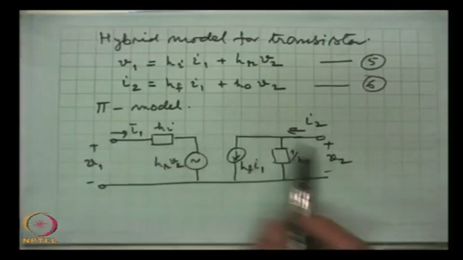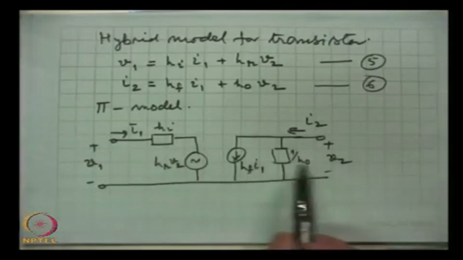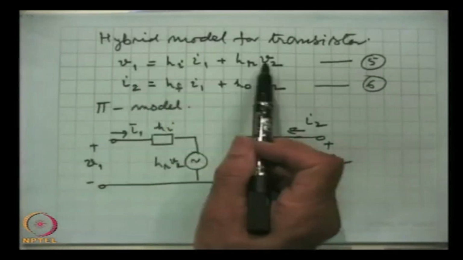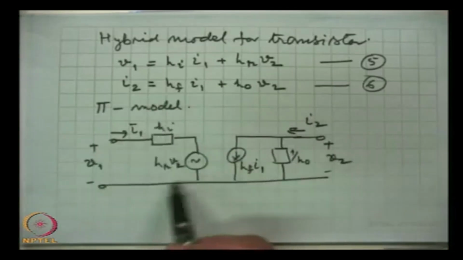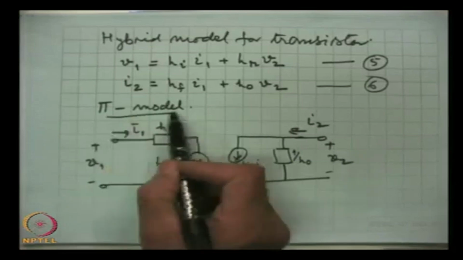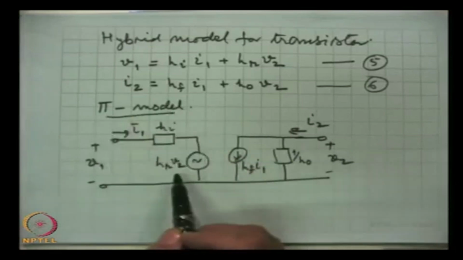Now, how did I arrive at this model? The first equation we get from the left hand side of this pi model. If we use this left hand side, then this is exactly what this equation is.